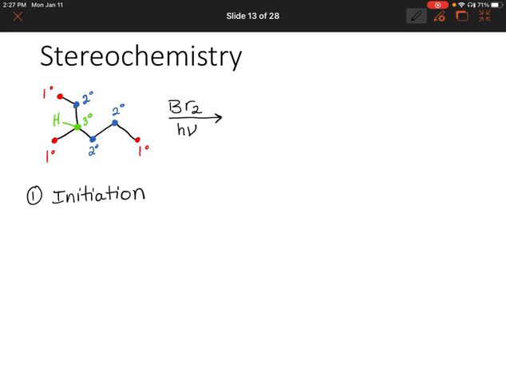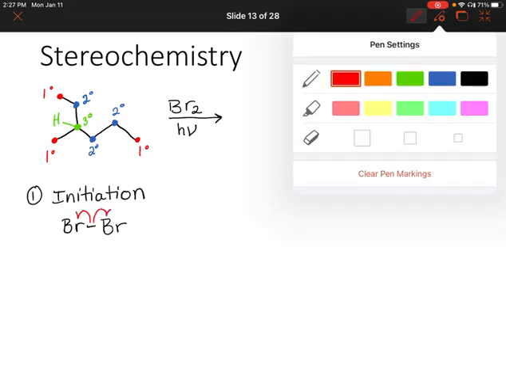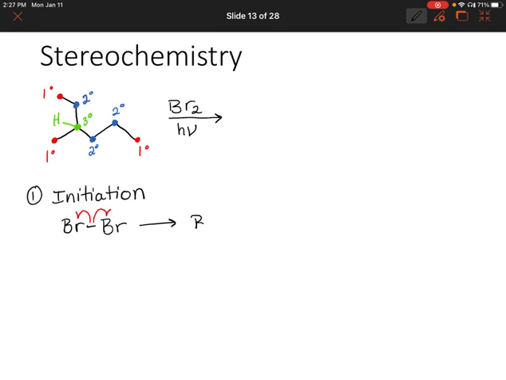So remember, the initiation step involves the halogens, or the halogen atoms, becoming radicals. So Br2's covalent bond is going to homolytically cleave and give us our radicals. So now step 2 is propagation.